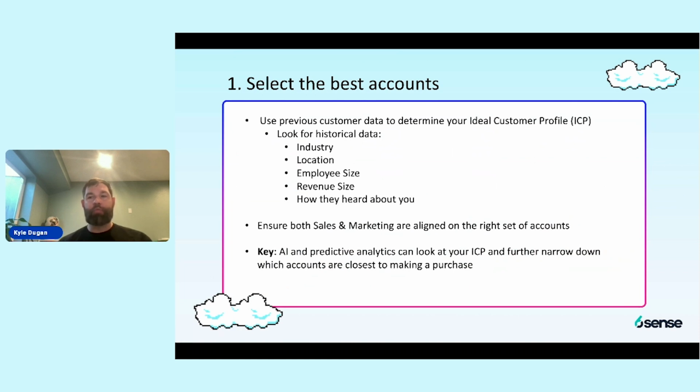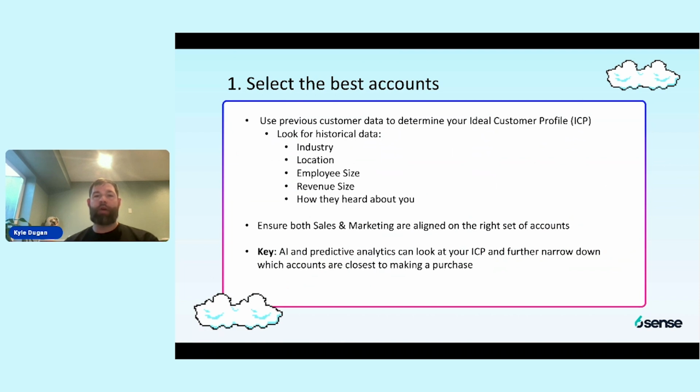There's a lot of different components you can put into that, but what we usually find that customers and we do is we look at industries, locations, employee size, revenue size, and then if you can find it out, how they heard about you. That's not always going to be something you can find out easily. It kind of reminds me of the old days where you would go and you would purchase something, and the last question on any form was, how did you hear about us? But if you get that data, it's pretty helpful.